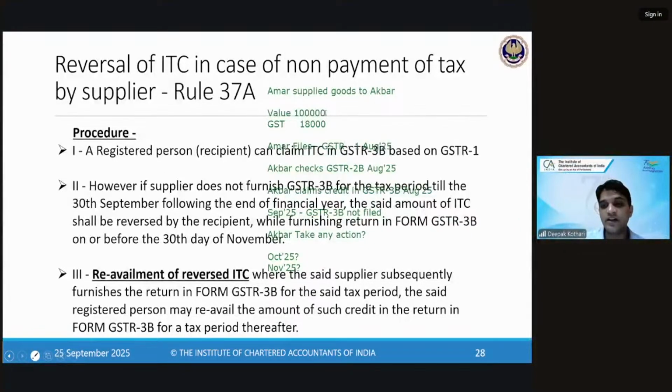He has claimed the credit, but he's checking that Amar has not filed the returns. So he will not have taken any action even in November.